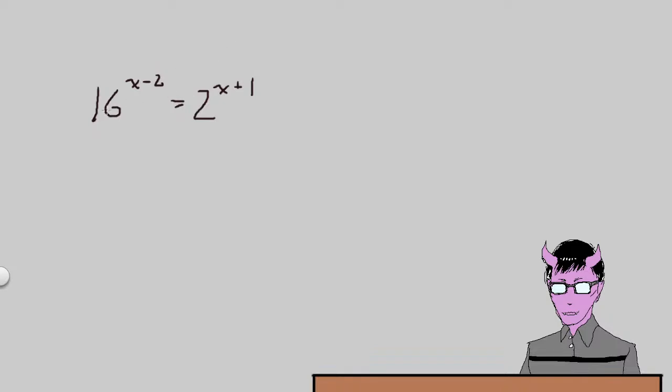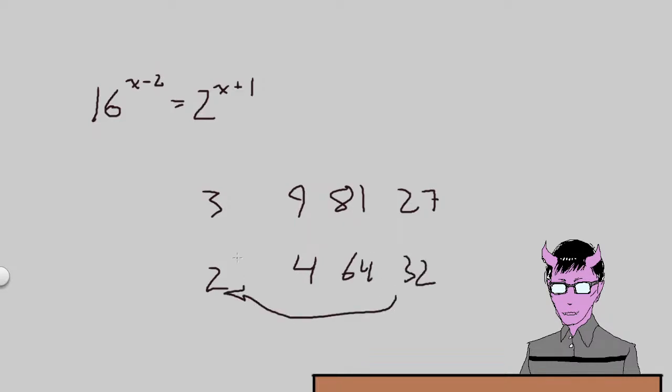But this is base 16 and this is base 2. Again, you'll start to recognize which ones you can break down into smaller factors to match the other ones. It'll become automatic. Again, when you see stuff like 9s, 81s, 27s, you're probably matching up with base 3. If you see numbers like 4, 64, 32, you are probably matching those with base 2s.